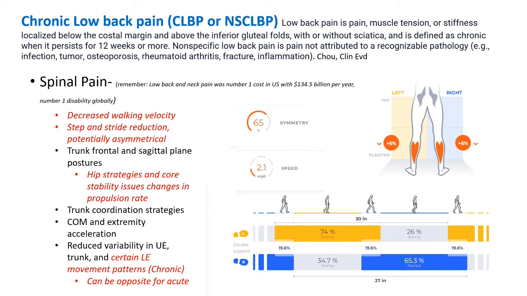So not only asymmetry in terms of contact time, but also look at the other spatial temporal parameters associated with the walking profile, such as the percentages spent in contact and swing, as well as the amount of stride length that we see and the variability between those two.